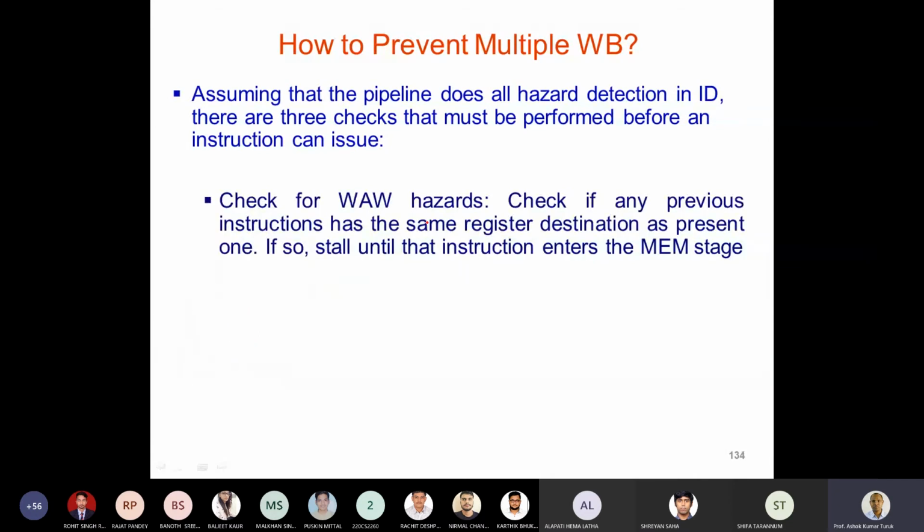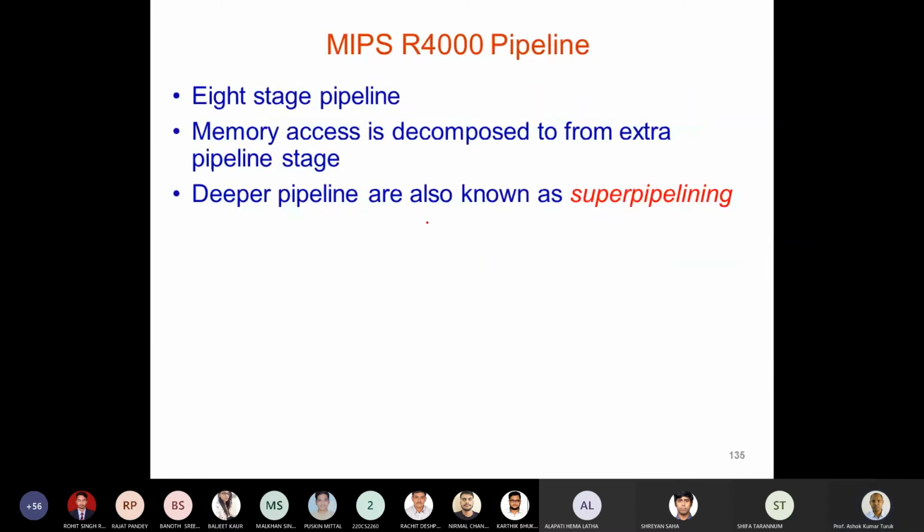And third, you check for the write after write hazard. It checks if any previous instruction has the same register destination as the present one. If so, stall until that instruction enters the memory stage. So if a write after write hazard exists, you stall that instruction until the other instruction enters the memory stage.